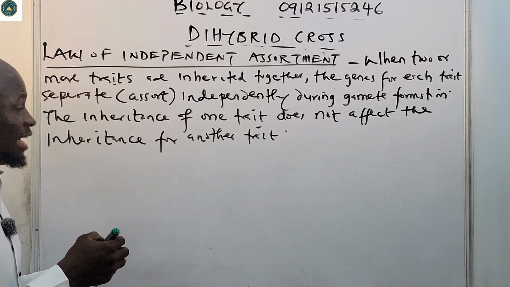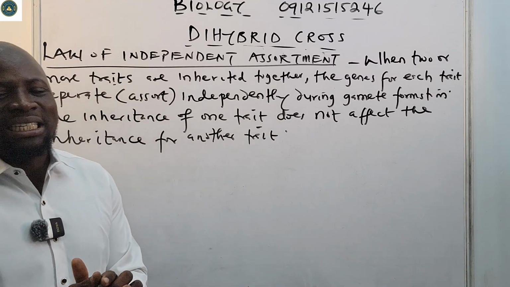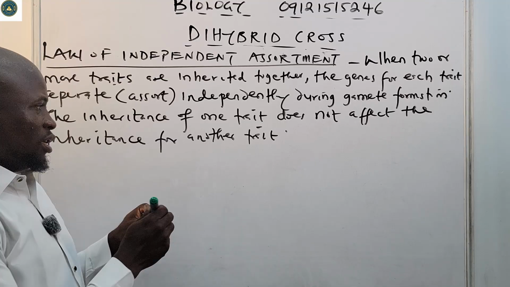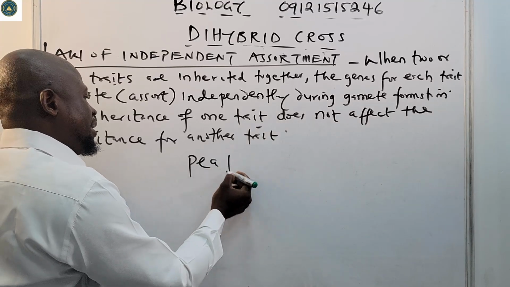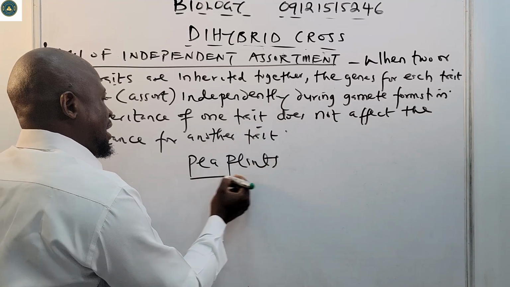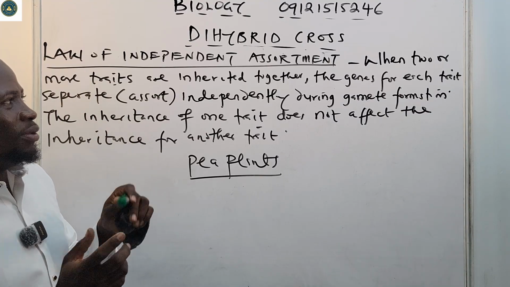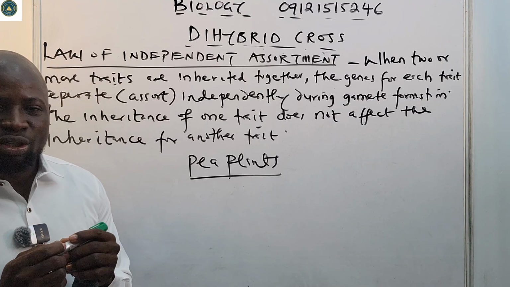Mendel gave the law of independent assortment when he was working in the monastery with the pea plants.